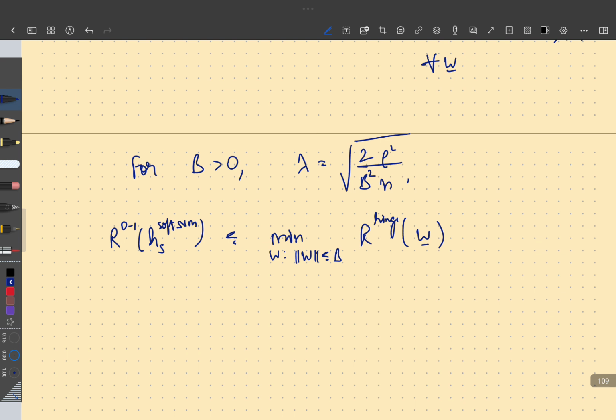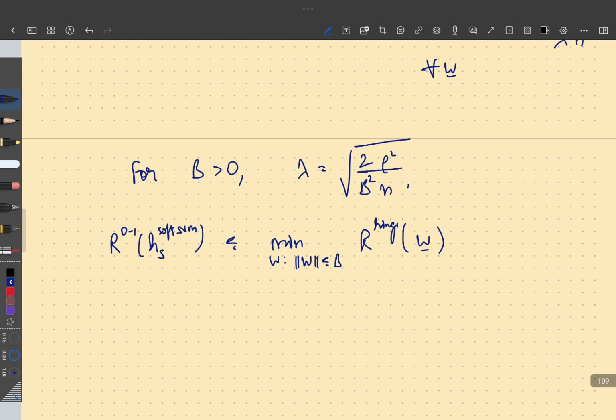Remember that this quantity depends on the true data generating distribution. You don't really have this all the time. Plus square root of 8 rho square b square divided by n. The biggest advantage of this is that the generalization error bound on the right does not depend on the dimension.